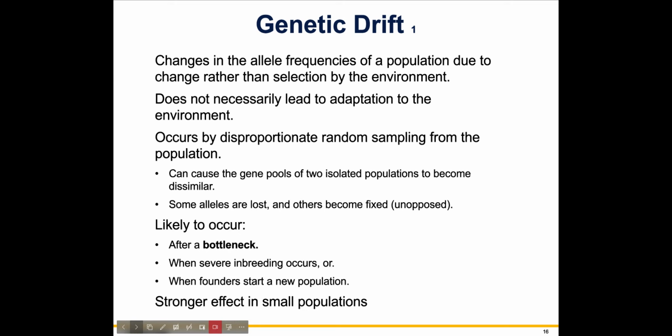Or we could see alleles that were kind of uncommon, but now they're much more common because we shrank that population size. There's sort of two ways that we see this happen. There is what is called the bottleneck effect.